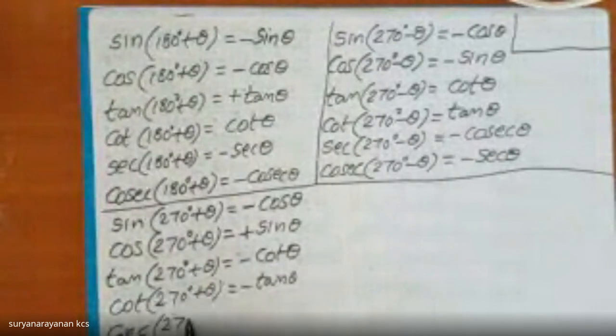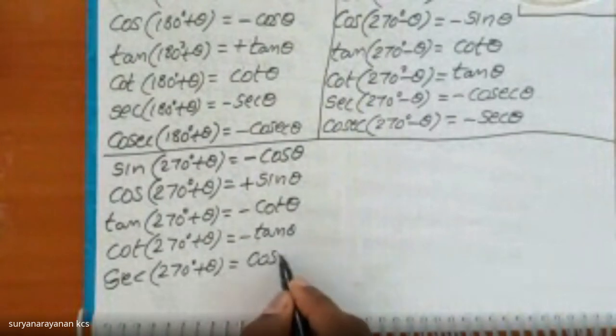Secant 270 degrees plus theta. Tell me. Very good. Cosecant theta.